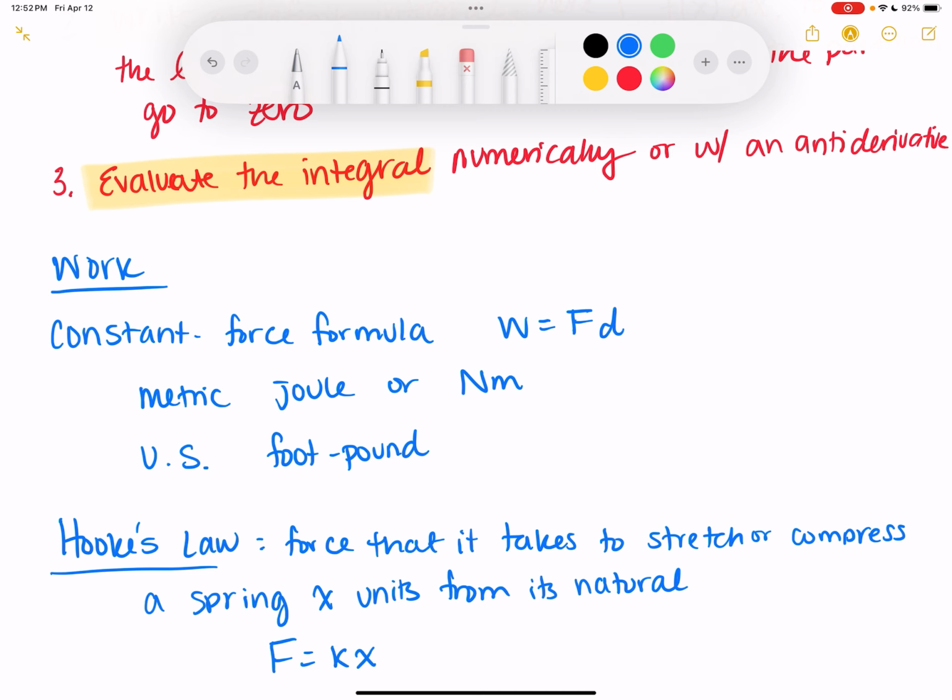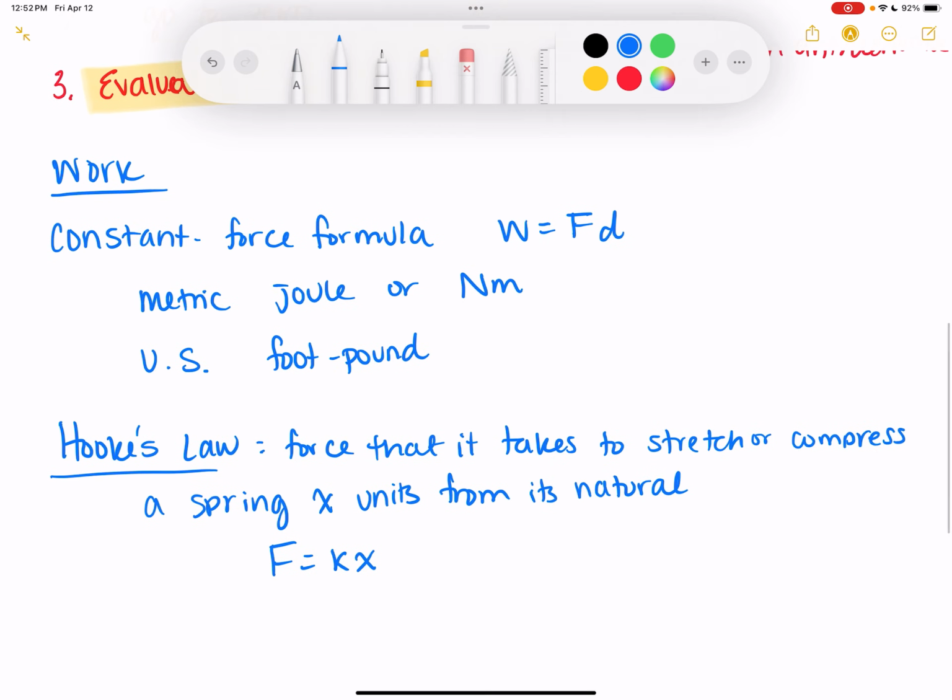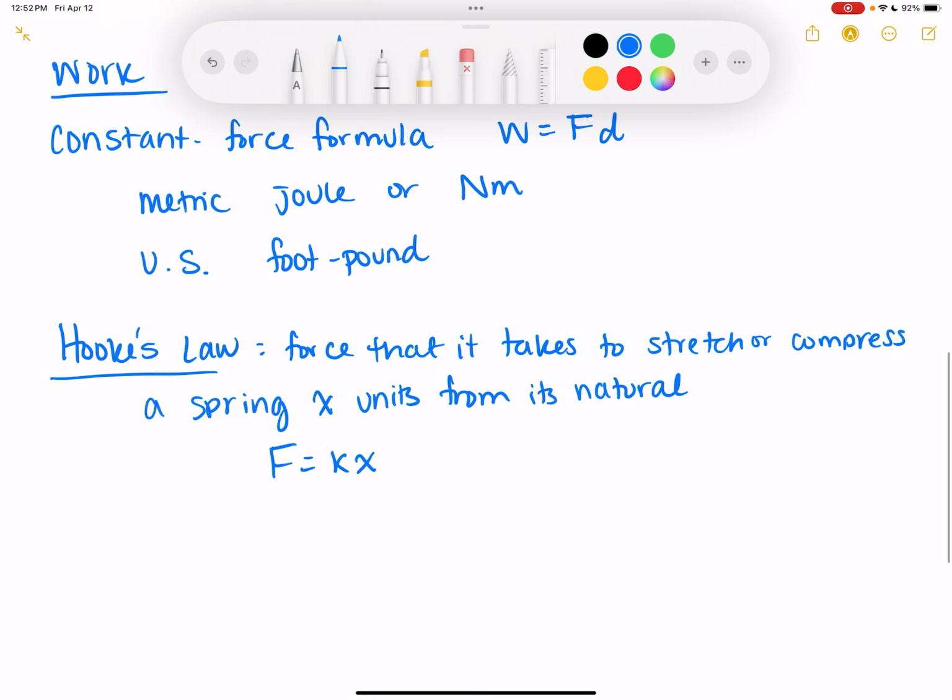And k is the spring constant. k is measured in force units per unit length, and that's called the force constant.